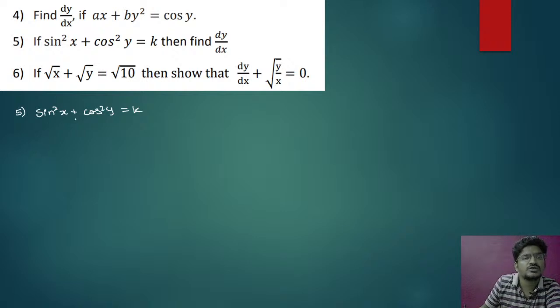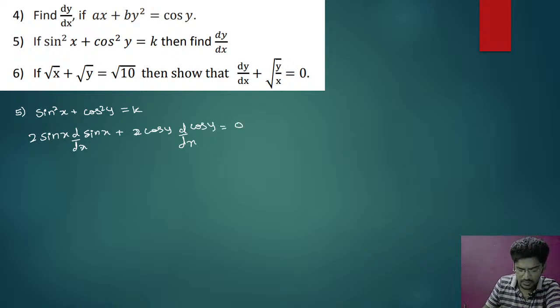First, you differentiate sin square x: it will be 2 sin x into d by dx of sin x, plus 2 cos y into d by dx of cos y, equal to the differentiation of the constant term, which is 0.